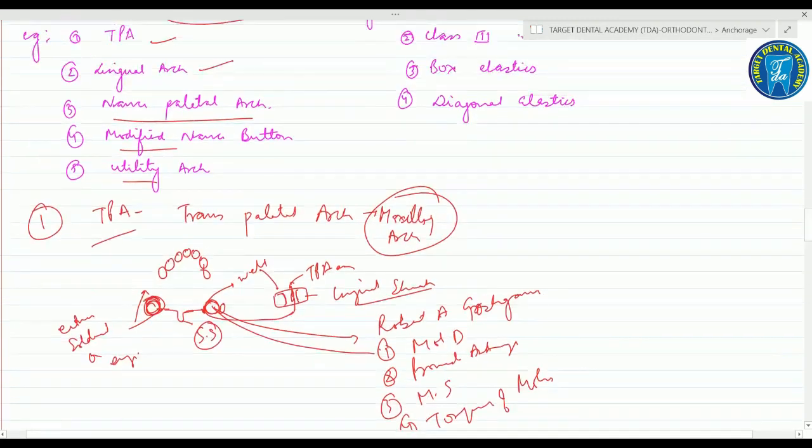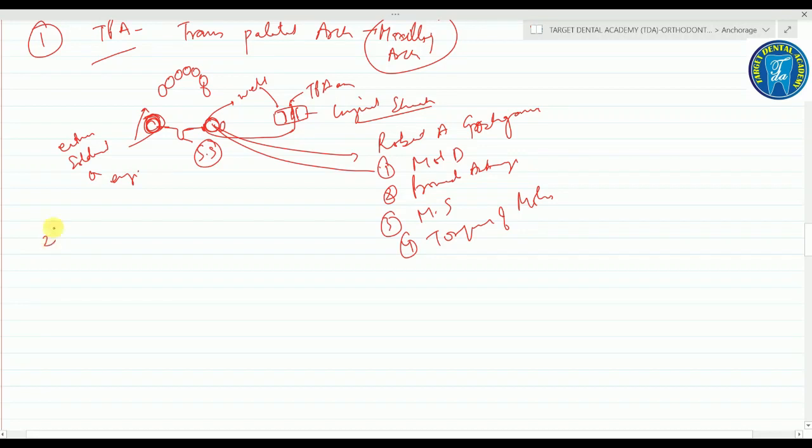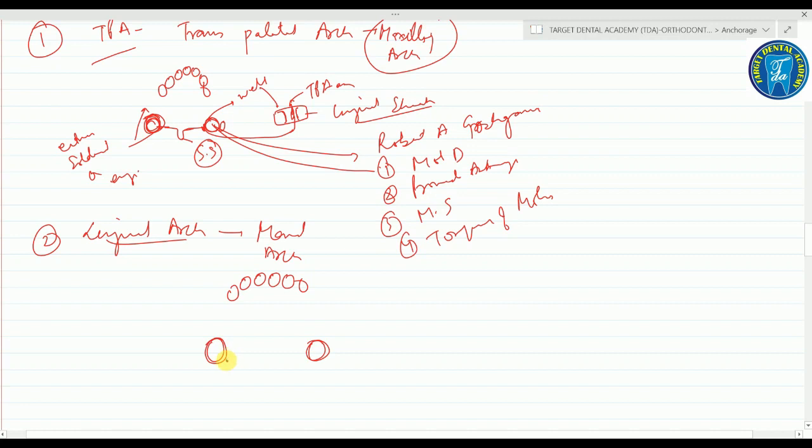Now second is the lingual arch. The lingual arch is given in the mandibular arch. These are your molars, these are your anteriors, and your lingual arch is like this.